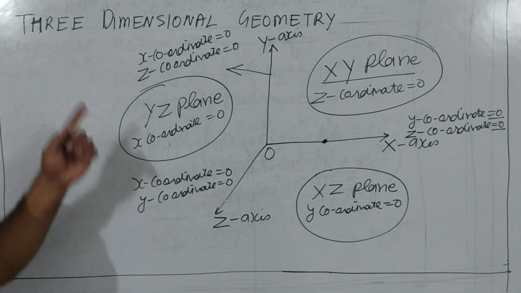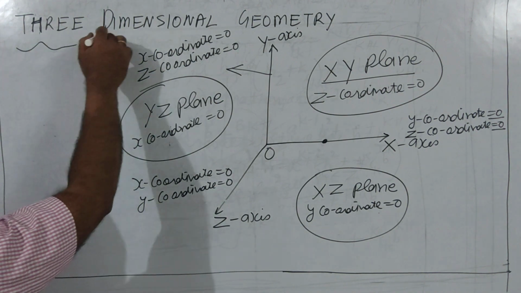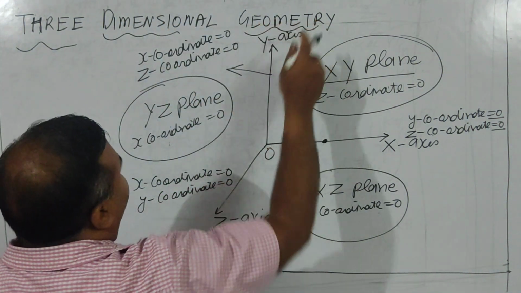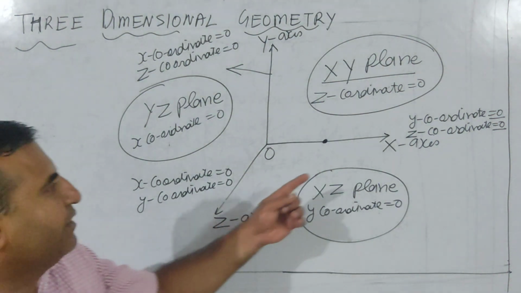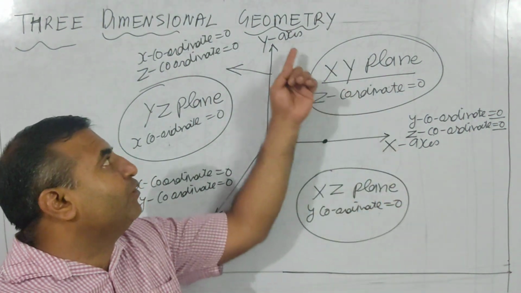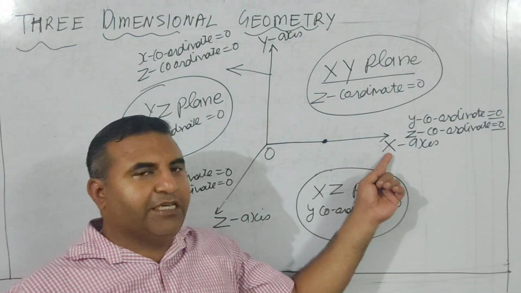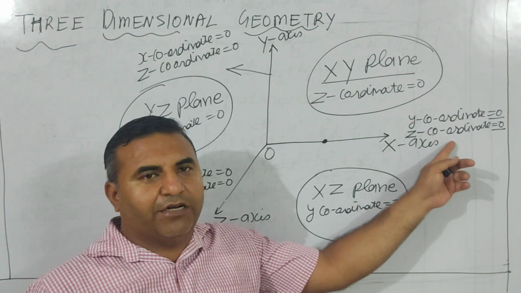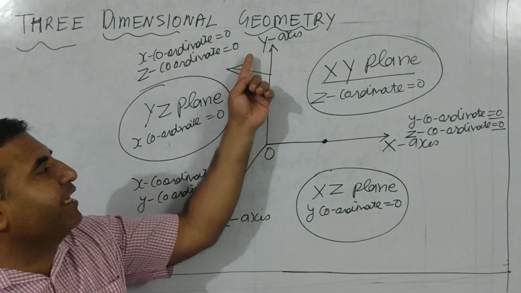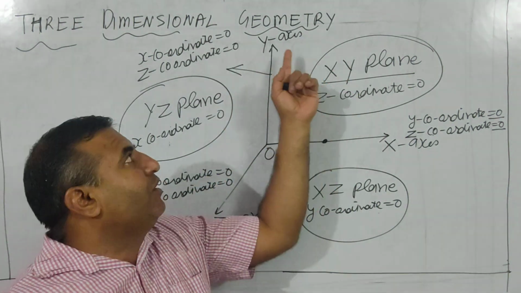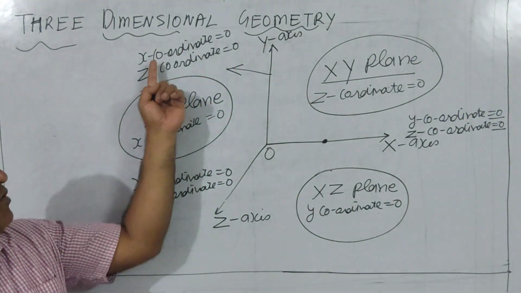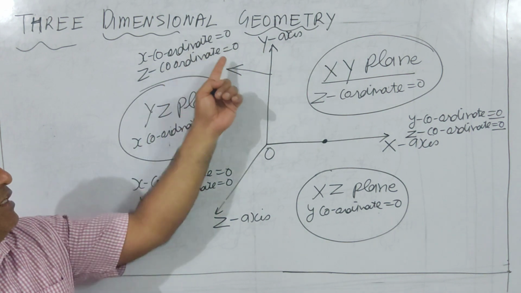So this is three-dimensional geometry. In three dimensions, three axes are here: x-axis, y-axis and z-axis. On the x-axis, the y and z coordinates are 0. On the y-axis, the x and z coordinates both are 0.